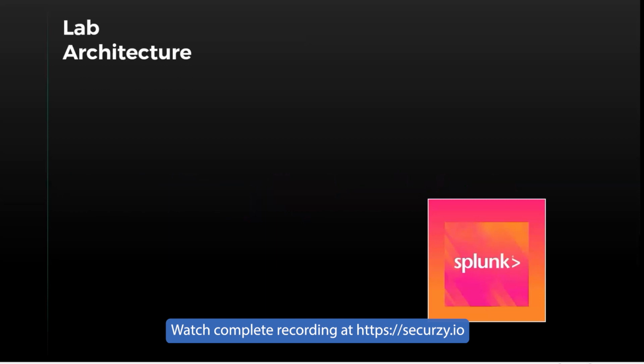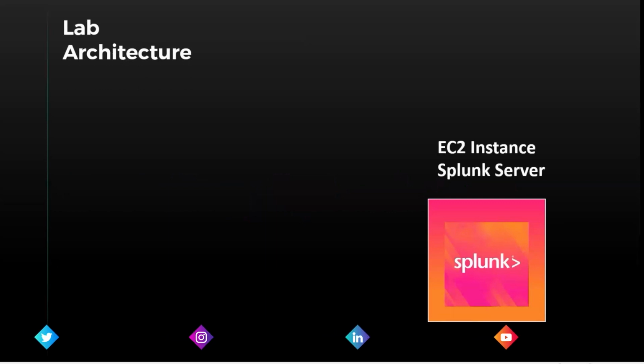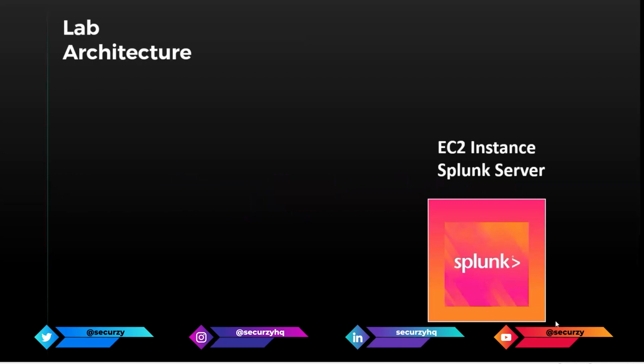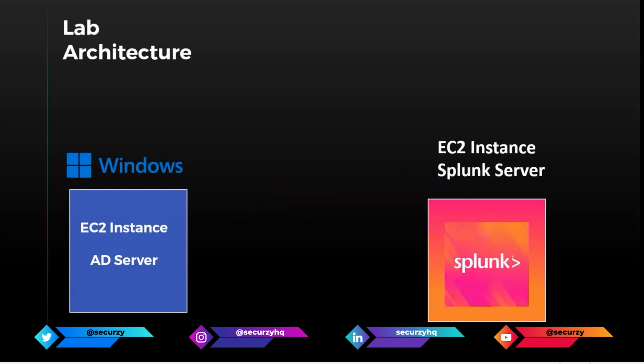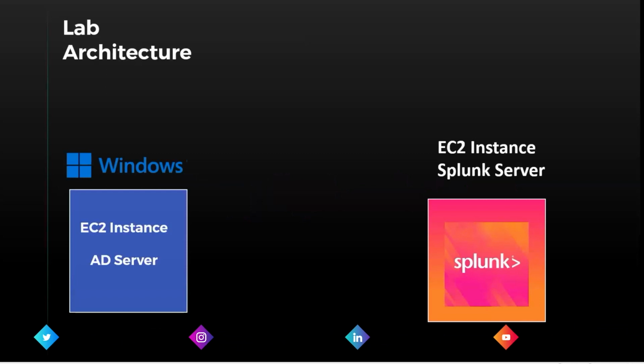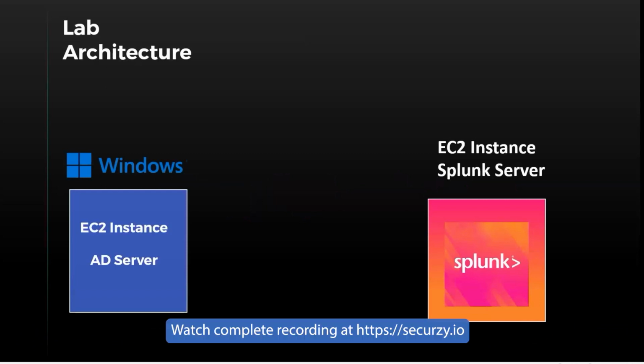We have our Splunk server on our EC2 instance, and we install Splunk on this server. Next, we will have the Windows server, and we will configure Active Directory, and after configuring it, we will install the Universal Forwarder.